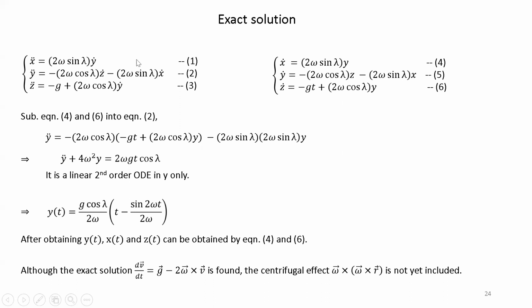No approximation is made. So x double dot depends on the term with y dot, y double dot depends on two terms, the first term with z dot, the second term with x dot. Finally, the z double dot depends on this y dot term and also a constant term.